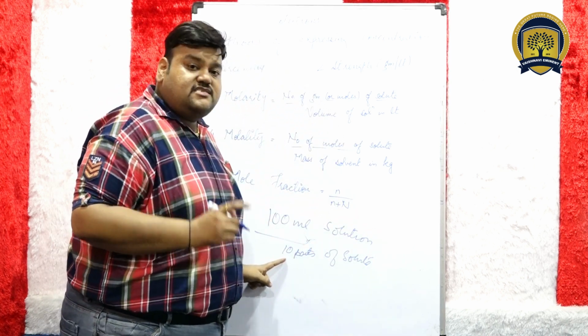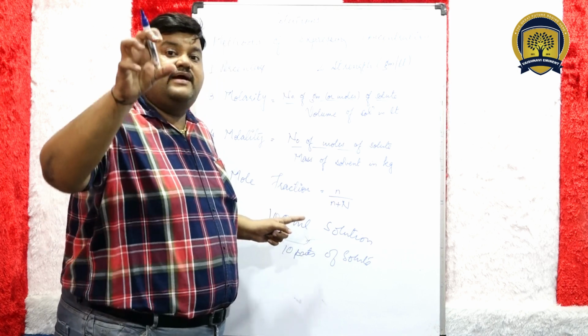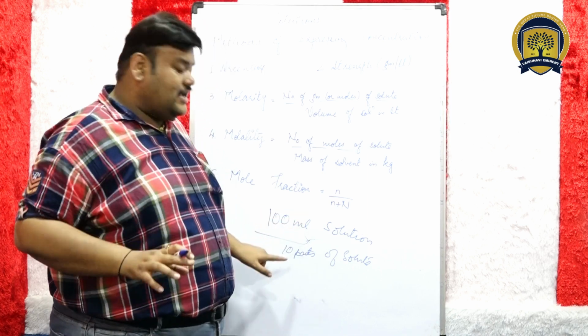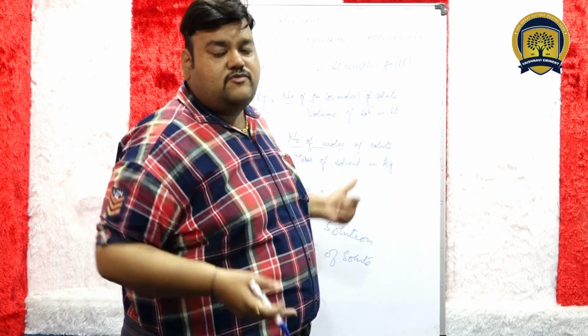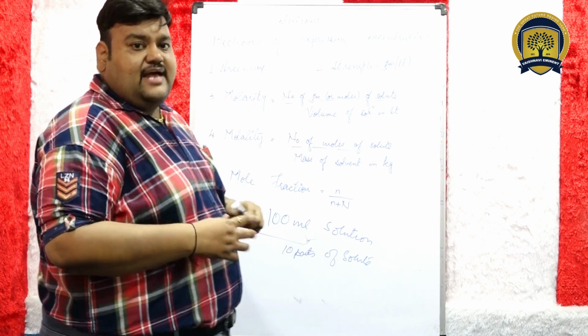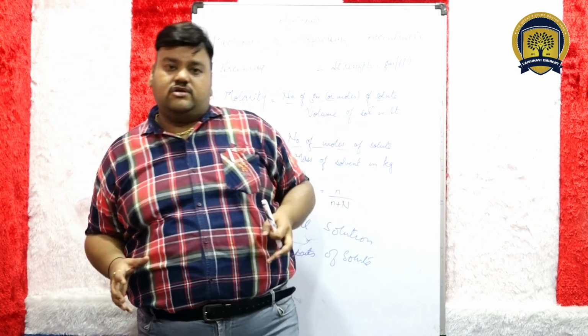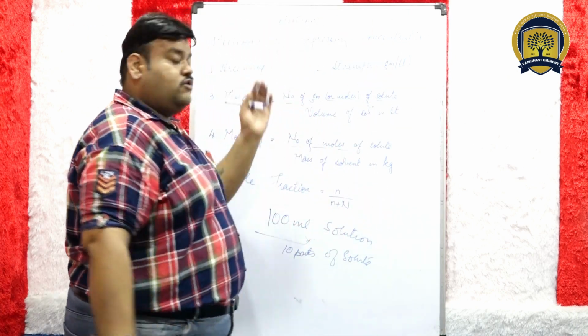So this makes the solution 10%. Out of the 100 ml of entire solution, the solute present was only 10 parts. So this becomes 10%, and likewise it would carry on. So solution is expressed in terms of percentage, as in how many parts of solute are present in the entire solution. I hope you are okay with percentage.